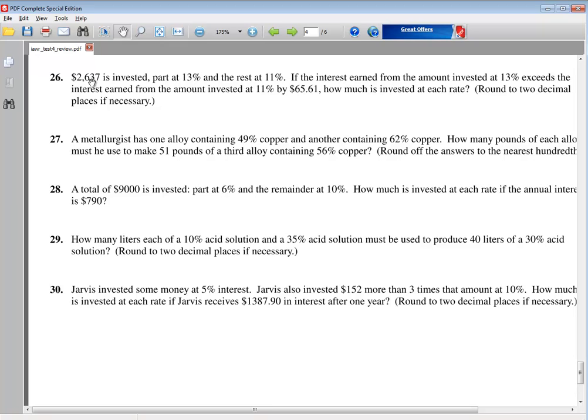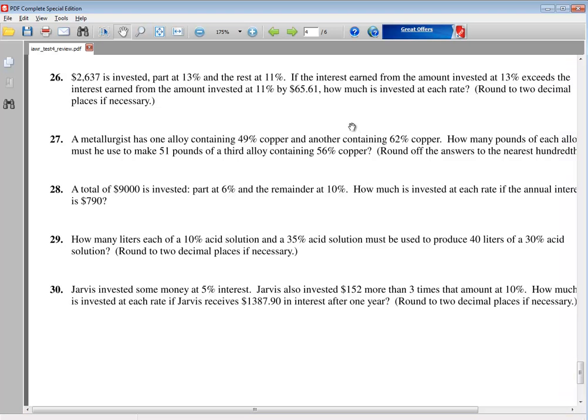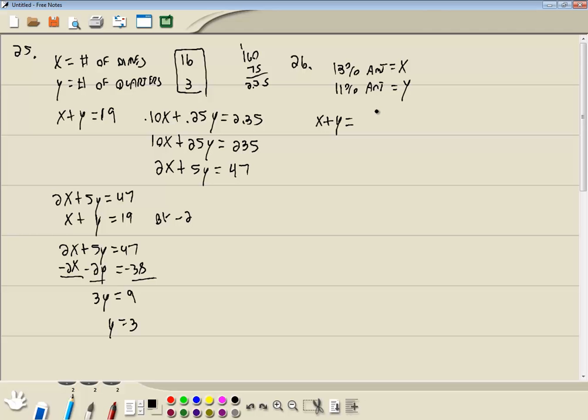Now it tells us that 2,637 is invested, which means that the amount invested at this plus this is going to give us that total. So x plus y is equal to 2637. That's our first equation.